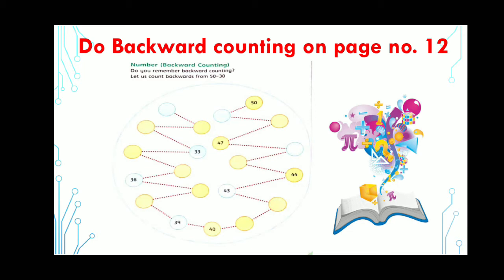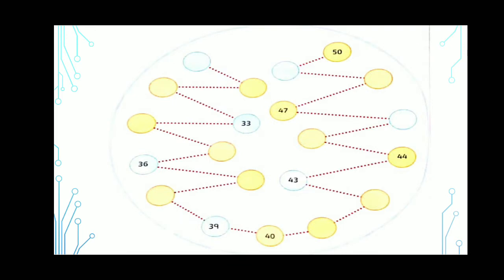Now do backward counting on page number 12. Hope you remember backward counting from 50 to 30. Now start backward counting and complete this exercise in your book. So students, this backward counting exercise is done for you.